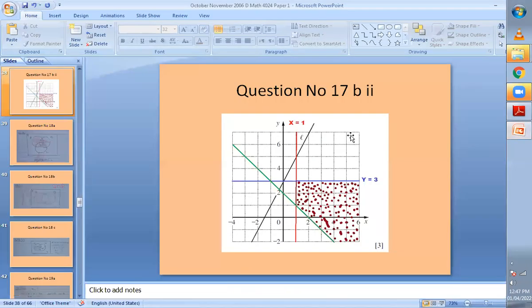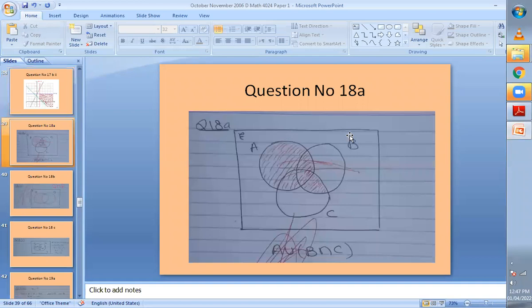Let me show you. So this portion will be shaded and this portion will be shaded. This is how you shade A union B intersection C.